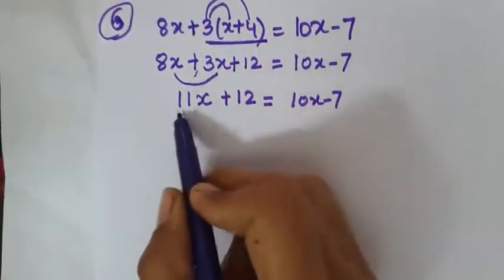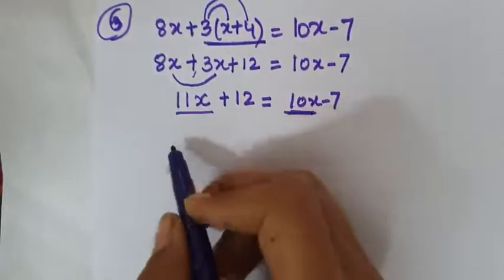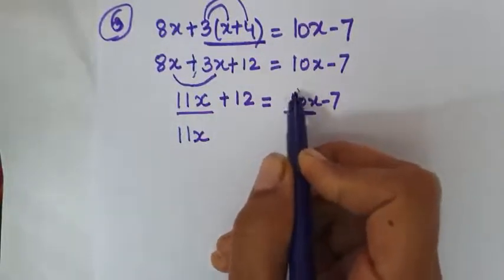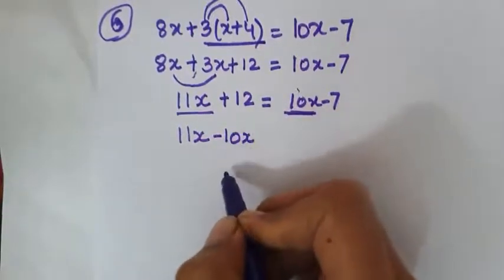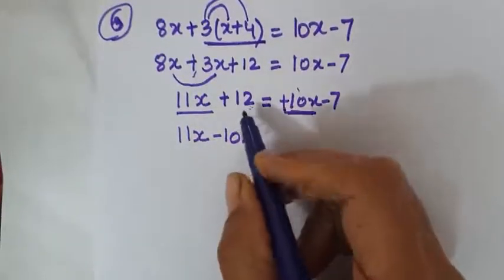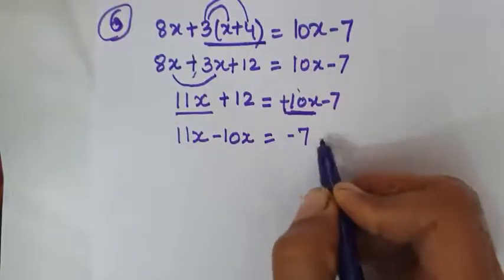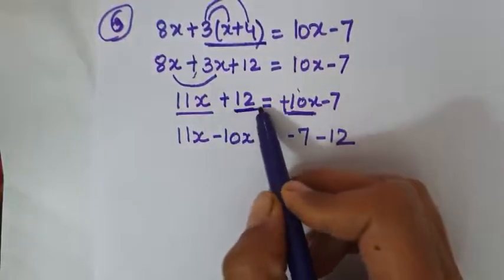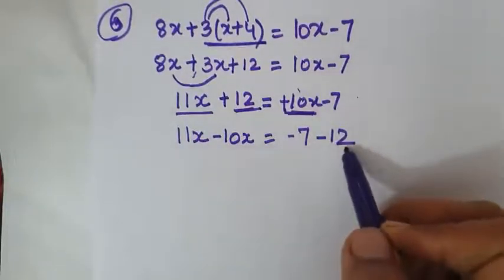Now keep the terms having variables on the one side. 11x, now 10x will get shifted, it will get minus because here it is having plus sign. Now 12 will get shifted to that side, so it will get subtracted. 12 is getting added, so when shifted to that side, it will get subtracted.